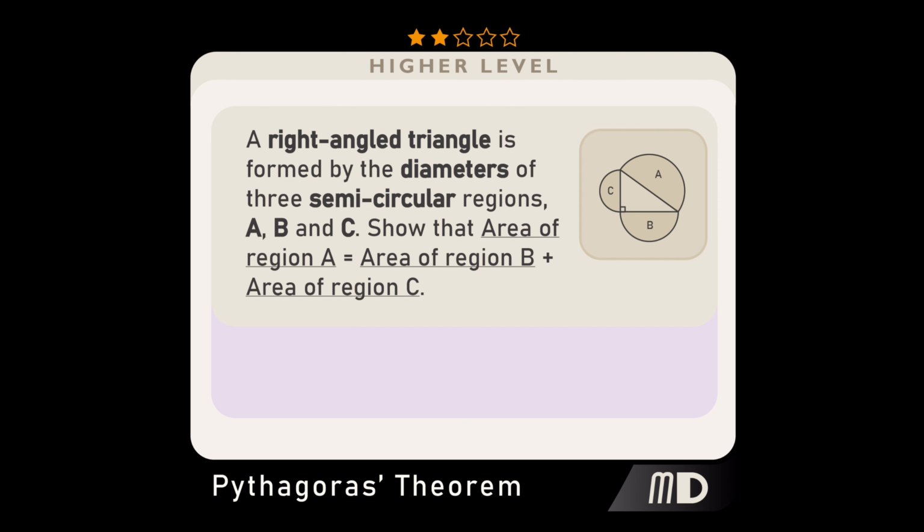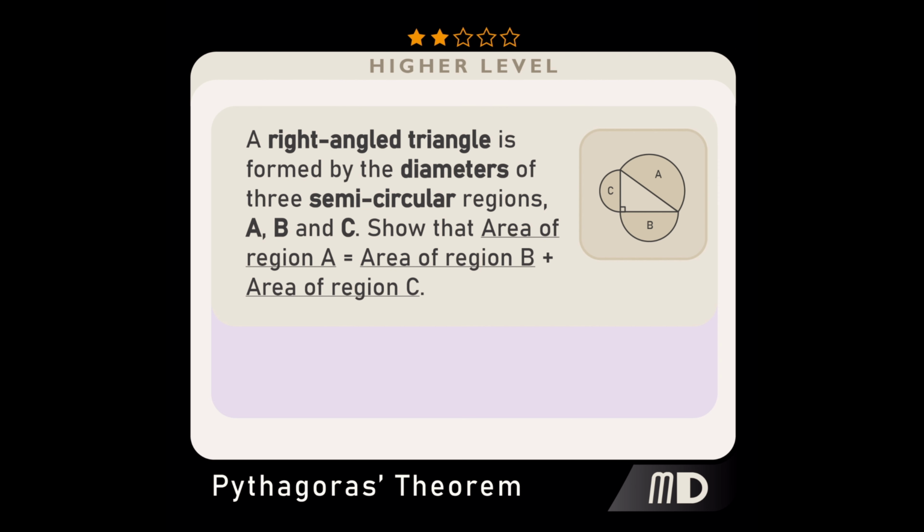The area of a circle is the product of pi and the radius squared, usually expressed as pi r squared. And the area of a semicircle is exactly half the area of a full circle.